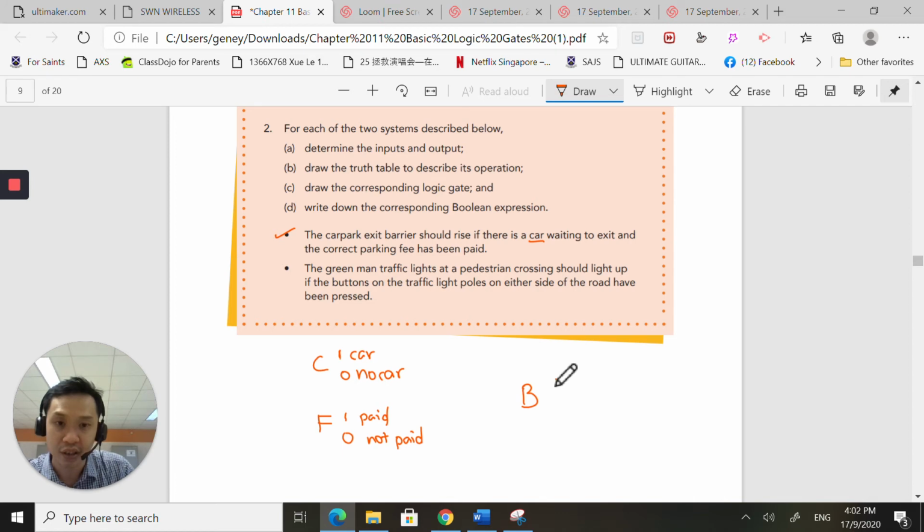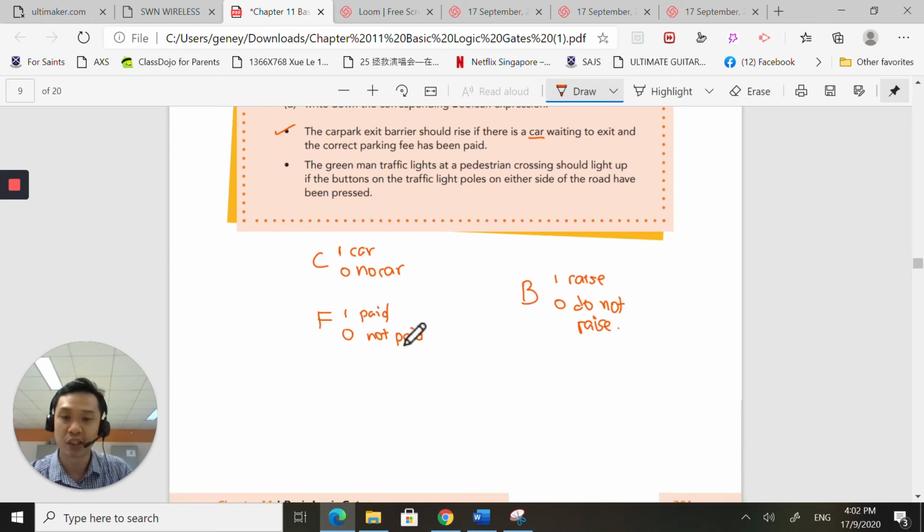If it's a 1, it means that it is okay, so let's raise the barrier. If it's a 0, it means do not raise the barrier. The fella ain't paid yet, son. Okay, so these are my situation.